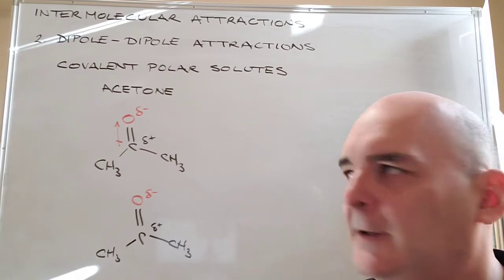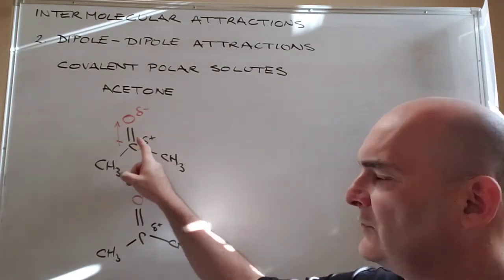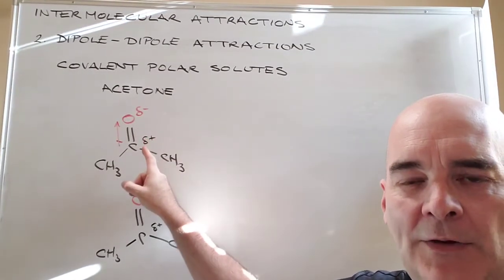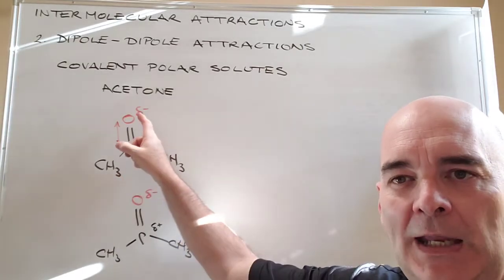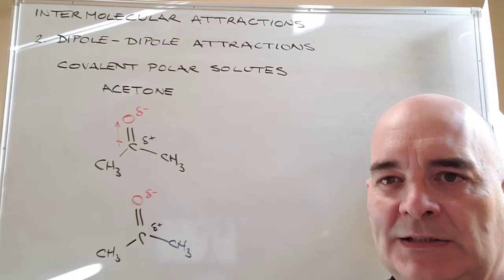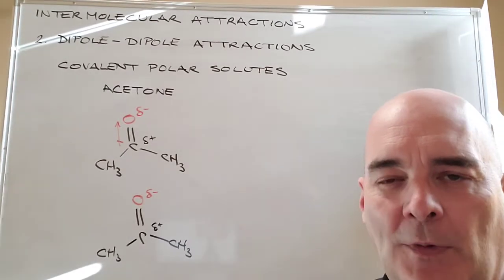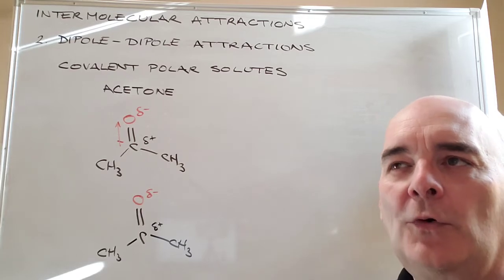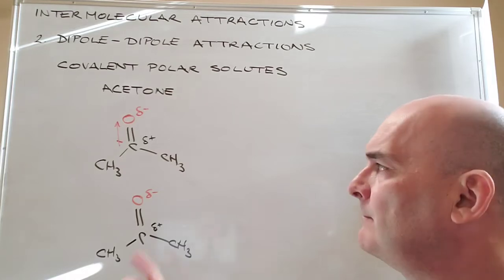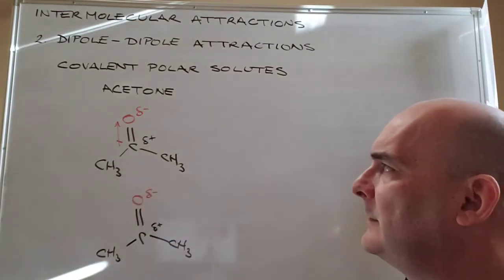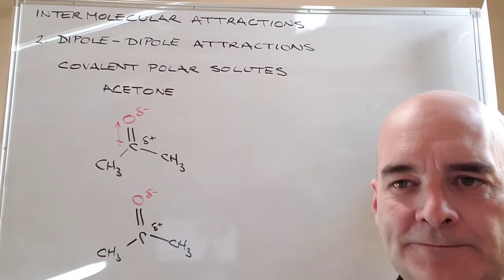Remember from an earlier chapter that the difference in electronegativity that generates a polar bond results in that bond having a dipole. And then depending on the three-dimensional shape of the molecule, if the overall molecule results with a net dipole, then these are polar molecules and they stick together.